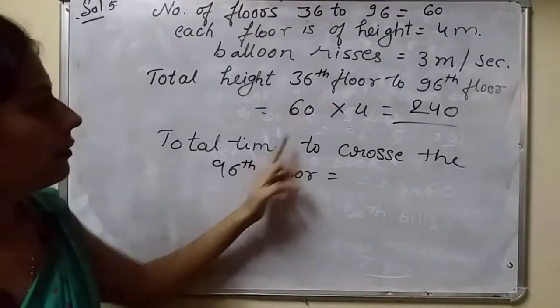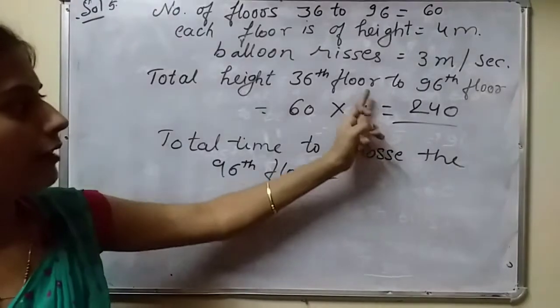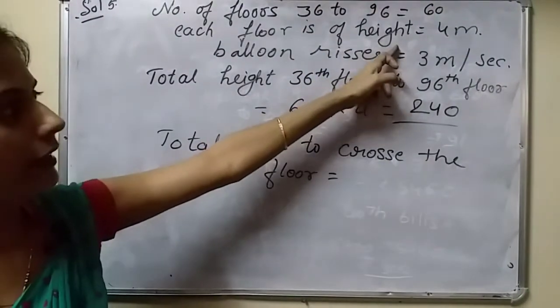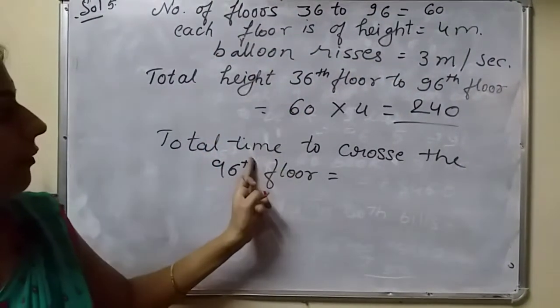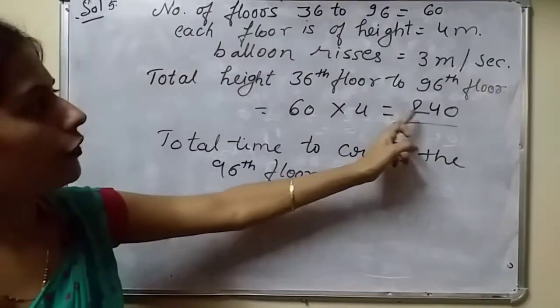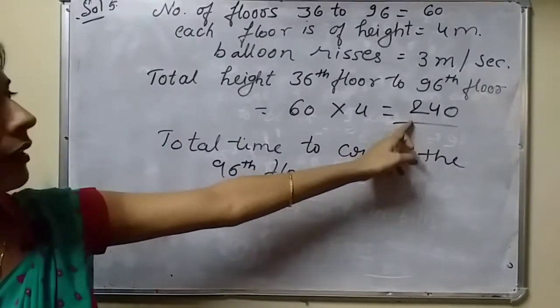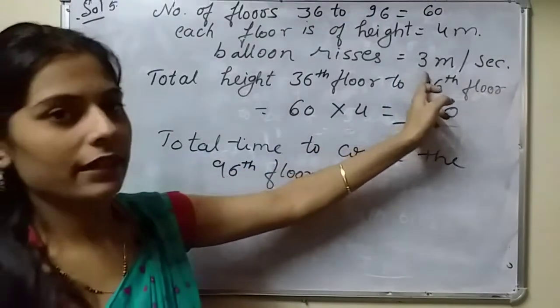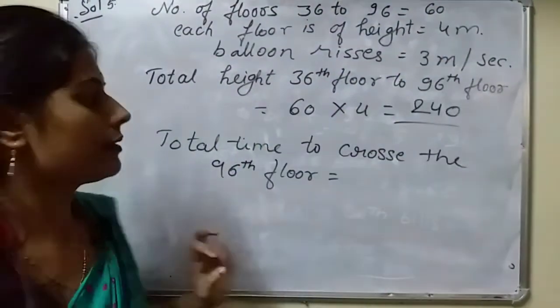Now see, total time you have to find. It means the total height given here is 240, and the speed is 3 meters per second.